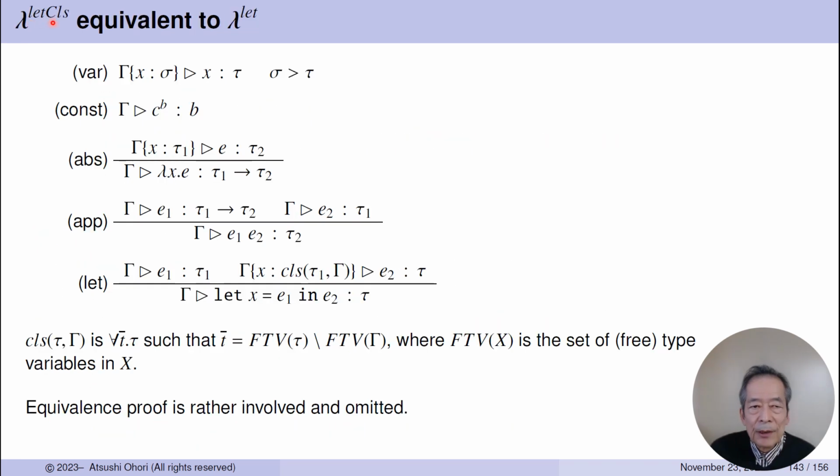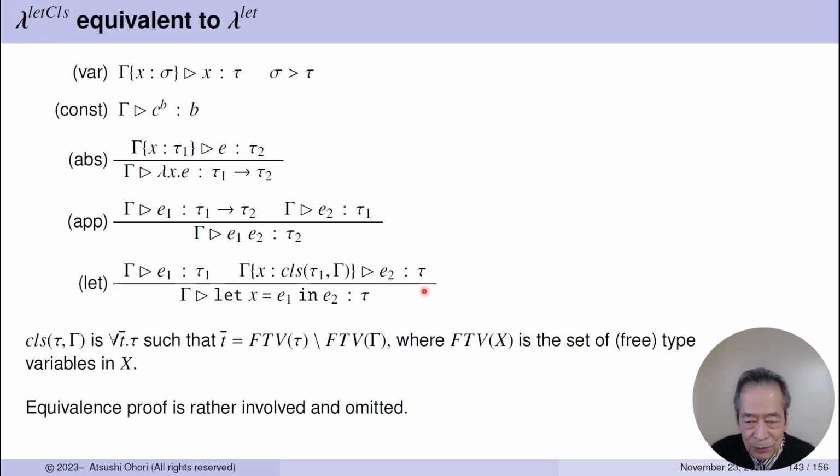So, lambda-let CLS is equivalent to lambda-let. This is more often used as a type system of ML. This system is given by this set of rules. In the original Damas-Milner system, lambda-let, we have separate rules for type abstraction and for type application, type instantiation. In this system, these two rules are combined into the let rule.